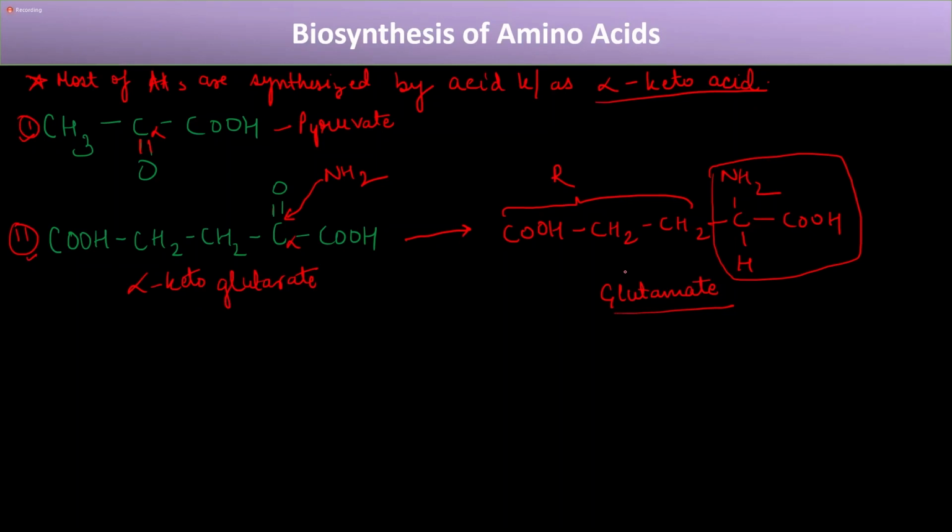Not only glutamate, most of the amino acids are synthesized from different types of alpha keto acids. One more important thing: glutamate is the first amino acid to be synthesized in a cell. After this, by substitution reactions and various other reactions, other amino acids are synthesized.